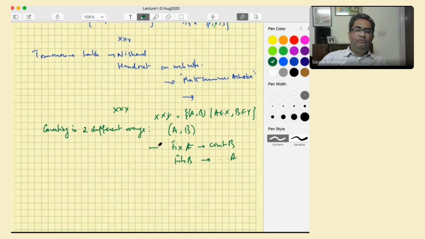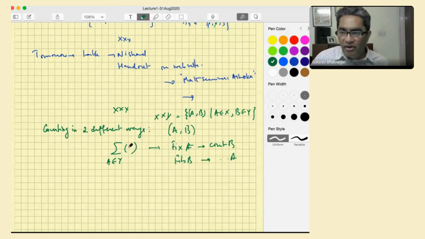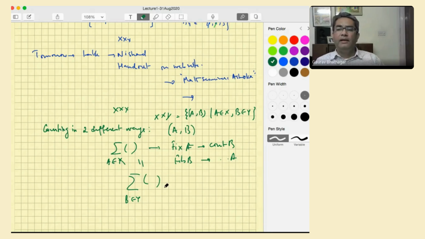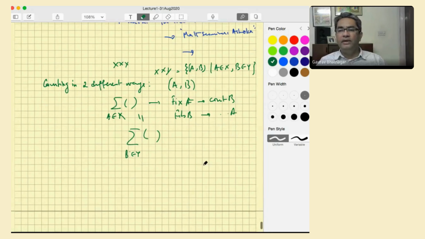When you fix a and count b, you get some number for a belonging to X, however many b's there are for a fixed a. And when you fix b and count a, you get something like this, where a belongs to X and some number. Since these two are equal, that means counting in two different ways.